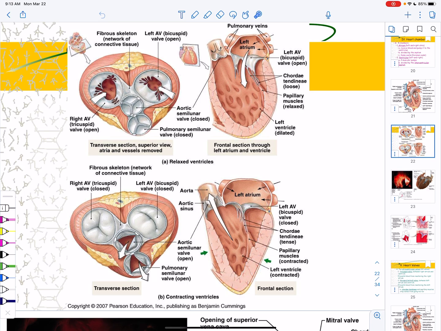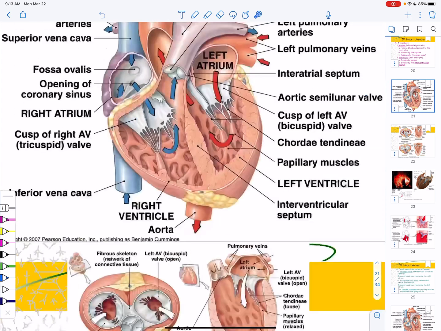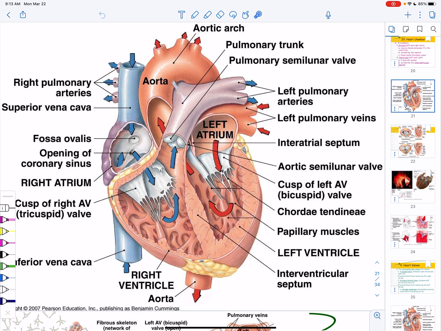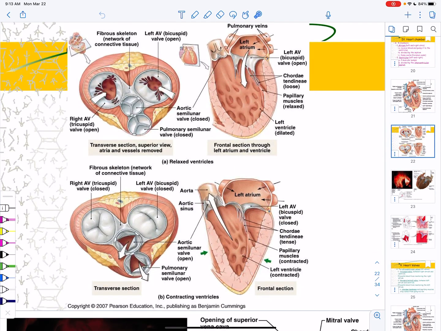I want you to try to imagine that we take the heart here, and I'm going to cut it right here so I can see all four of the valves. 1, 2, 3, 4. Now those four that I just colored are the same four here. 1, 2, 3, 4.